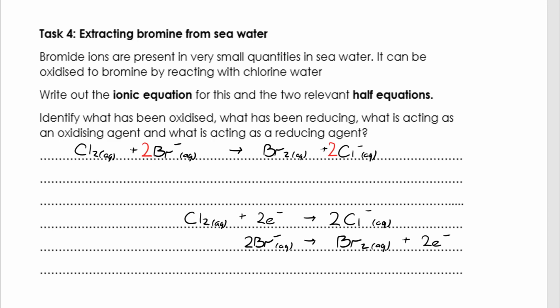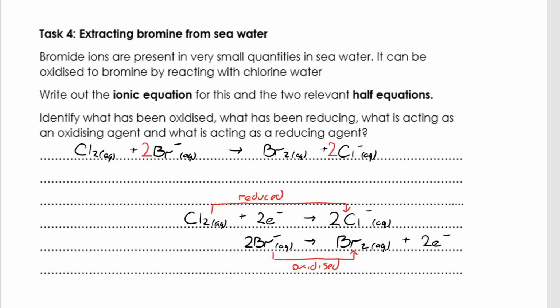We're then identifying what's being oxidized and what is being reduced. The chlorine is being reduced to chloride. The oxidation state has been reduced, so it's reduction. It's also gaining electrons because the electrons are on the left. Bromide ions are being oxidized to bromine.